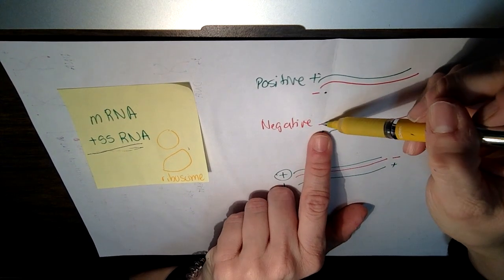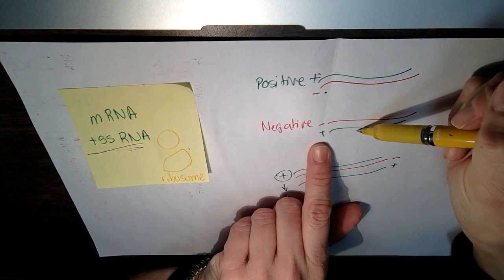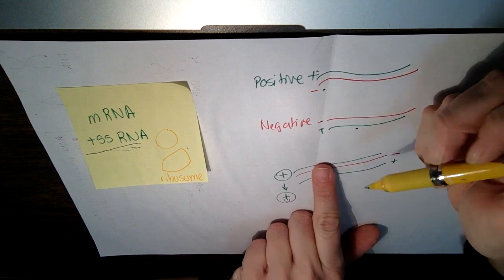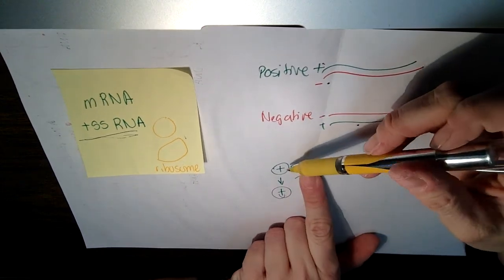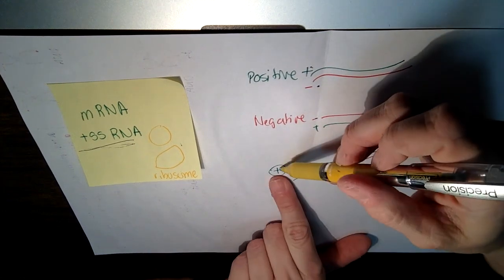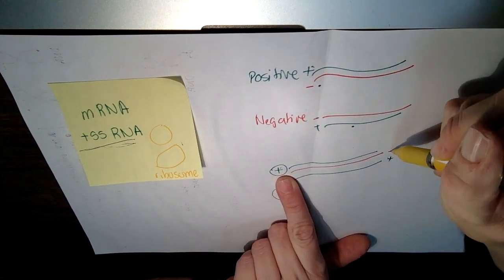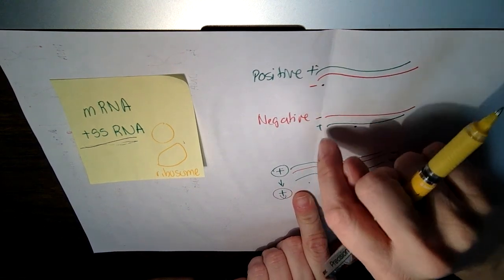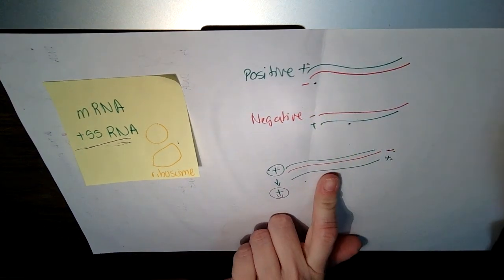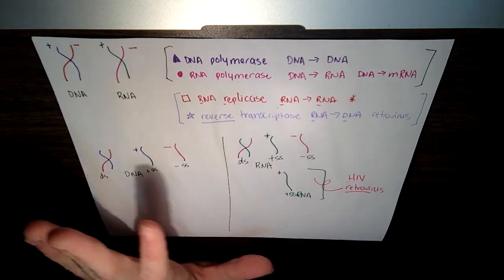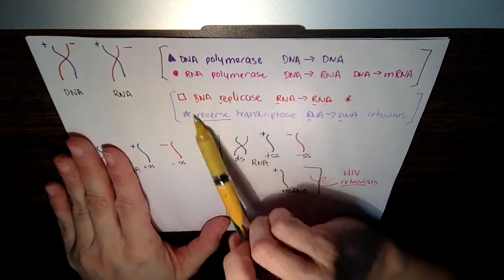If we are given a negative strand, it can only make a positive strand. So if we want to go from positive to positive, something has to happen in between. We just can't go from positive to positive. The positive makes a negative, and then the negative can make the positive. Okay, that's the second rule. And the third rule is all the enzyme names, all of the enzymes, and what they do.